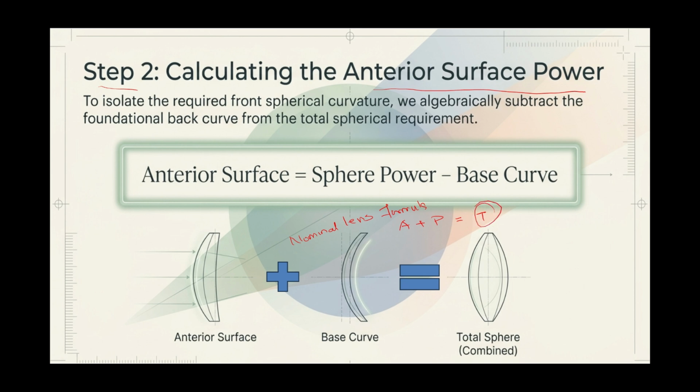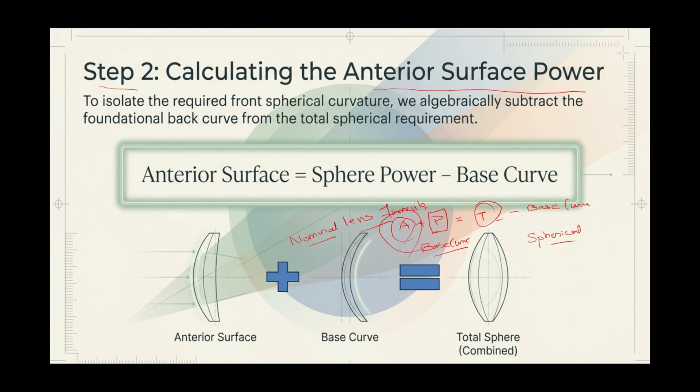Now the posterior surface power is what? The base curve. The base curve is nothing but the posterior surface power of the lens. And the spherical part of our prescription is the total power of the lens. So as per the nominal length formula, if we have to find out the anterior surface power, all we have to do is subtract this base curve from the total power, and this will give us the anterior surface power.